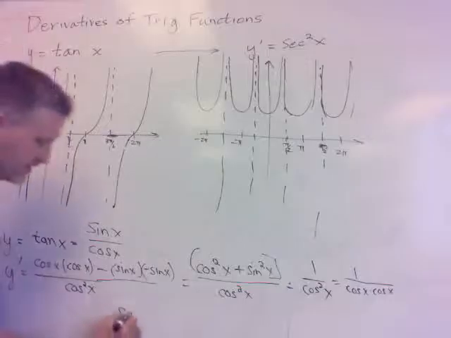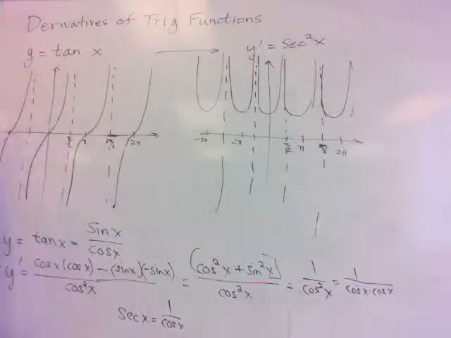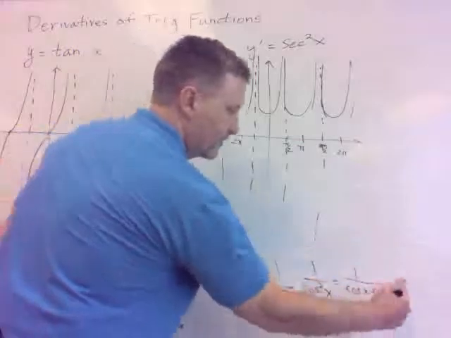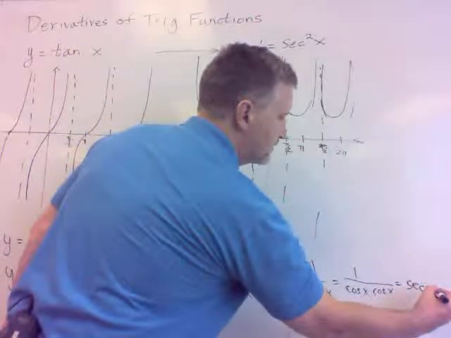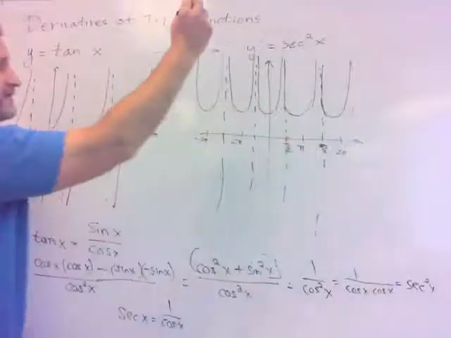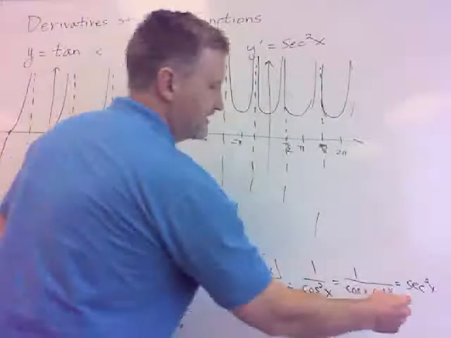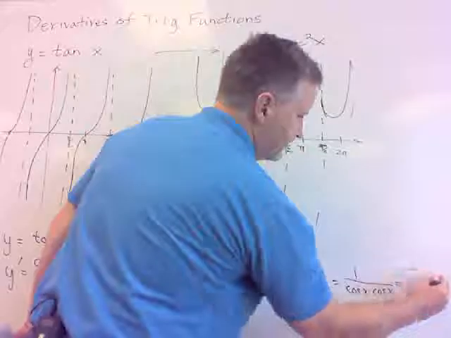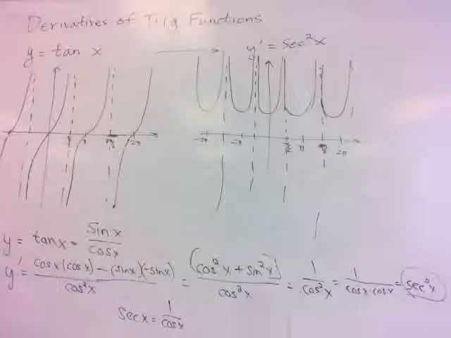Isn't that secant of x? Secant of x equals 1 over cosine, isn't it? So I've got 1 over cosine, another 1 over cosine, so I've got secant x times secant of x, which is secant squared of x. And so that's a better way of seeing what this graph really amounts to. Yeah, the derivative of tangent is going to be the secant squared.